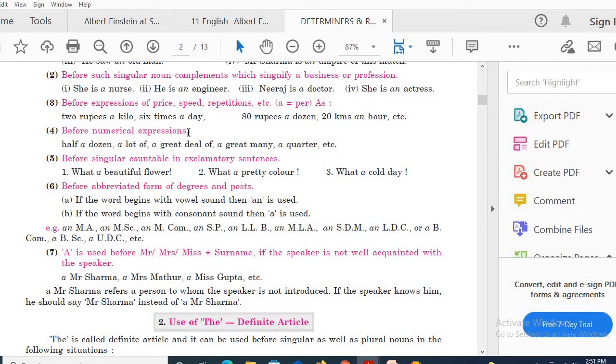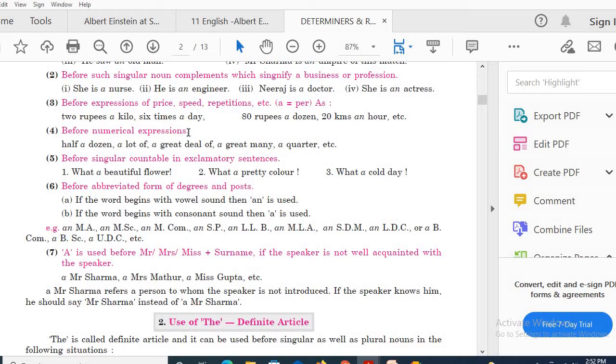Suppose I say half a dozen, a quarter, a great many, a great deal of. These are all numerical expressions, and in all these cases we are using the indefinite article.